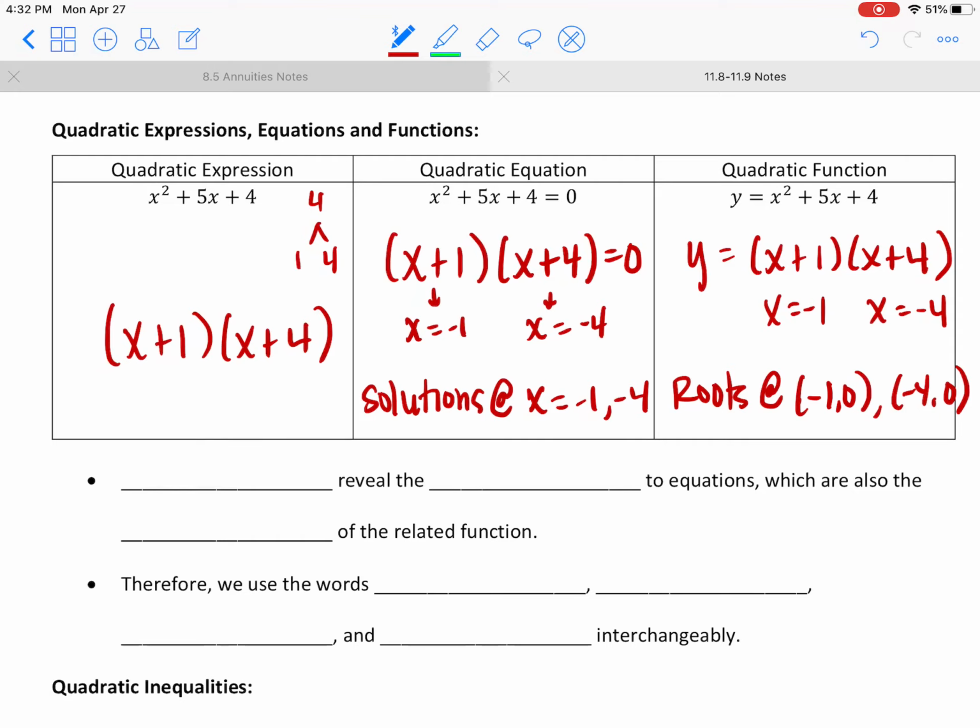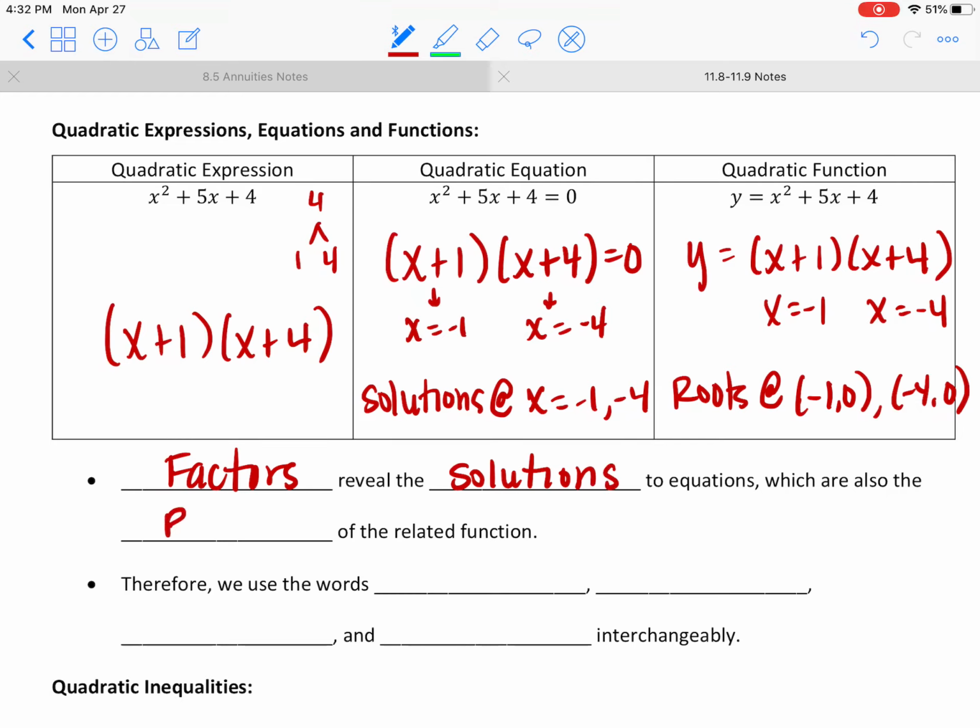So just so you can see the connection between all these, right? If we're just looking at the expression, we could factor it, doesn't do much good. But the factored form of the equation shows us the solution, and the factored form of the function shows us where our graph crosses the x-axis. And again, the solutions to the equation are the roots for the function, okay?